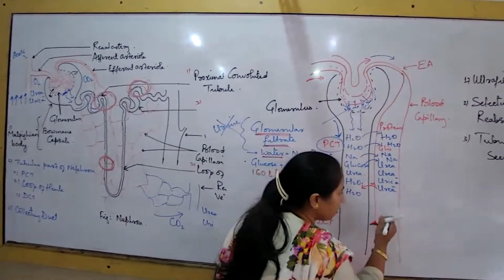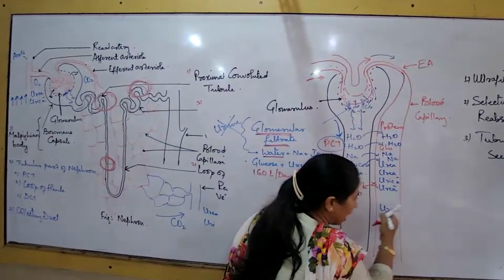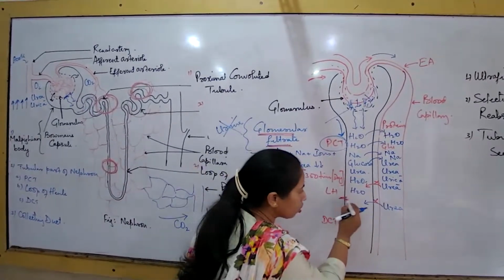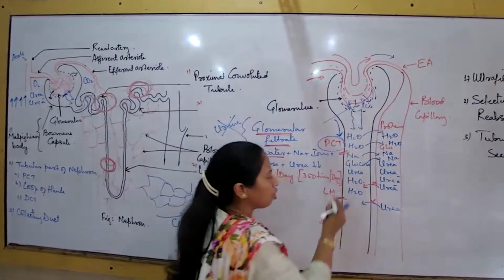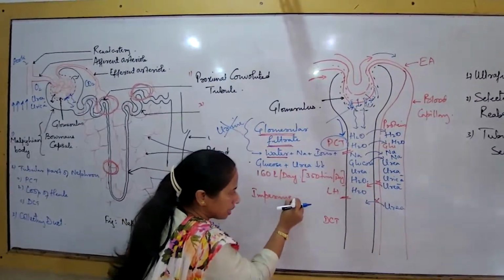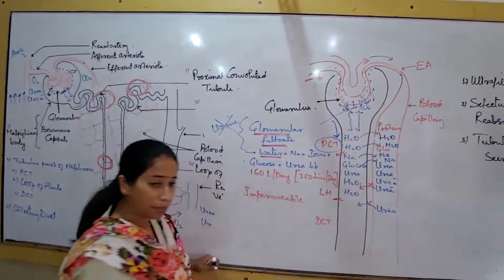Neither the urea diffuses from the blood capillary to the loop of Henle because the membranes of the loop of Henle and the membranes of the PCT are impermeable to these ions. Semi-permeable याद है?